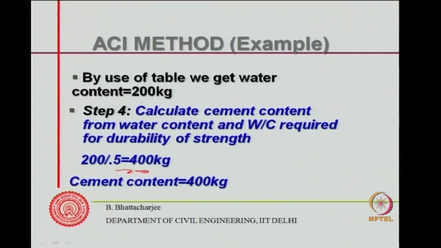So cement content is 400 kg, and I have to check whether it is more than that required for durability, which it actually is, because for this condition IS 456-2000 gives much less cement. So 400 kg of cement with 200 kg of water is what we have got so far.